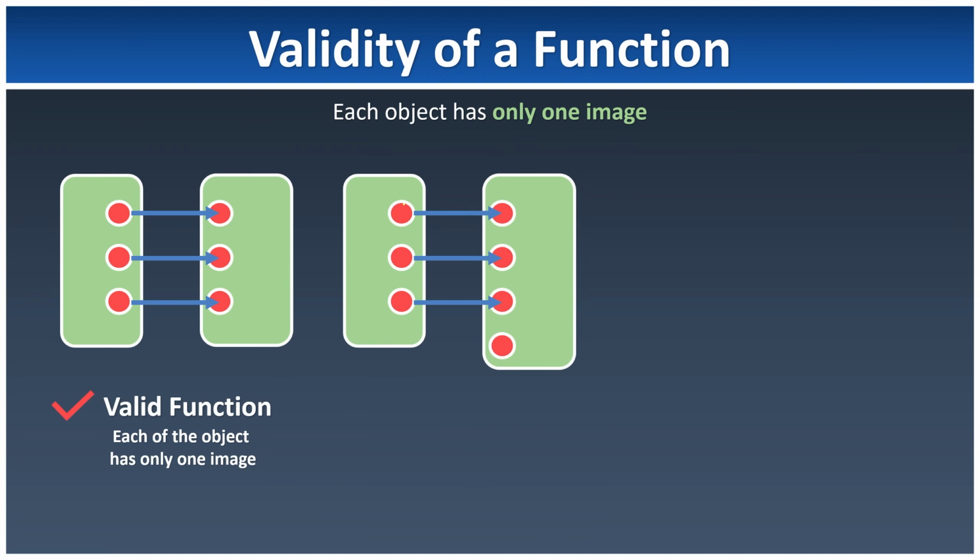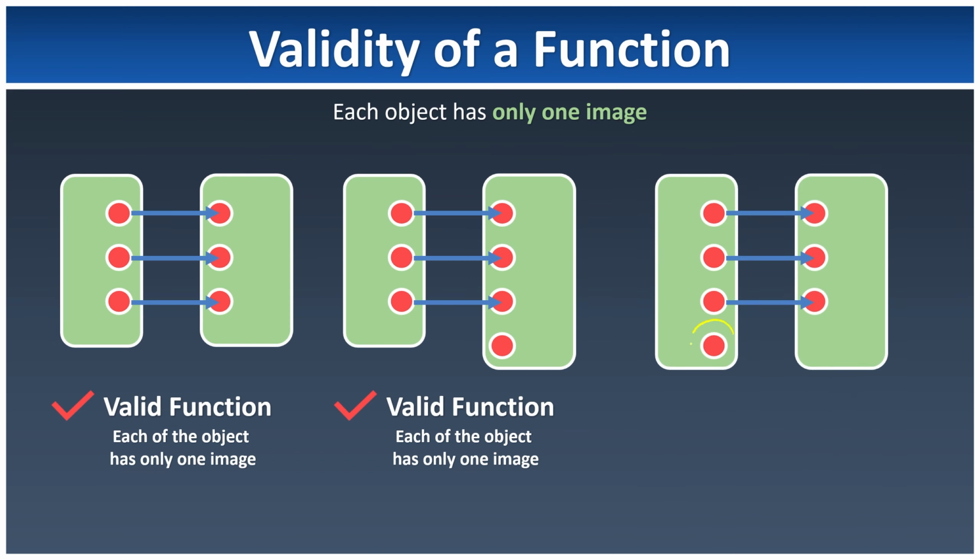So you can check from the first one on the left, each of them indeed has only one image. Although this one has an extra possible outcome that has no partner, it does not matter because the definition says that each of the objects must have only one image. How about this one?